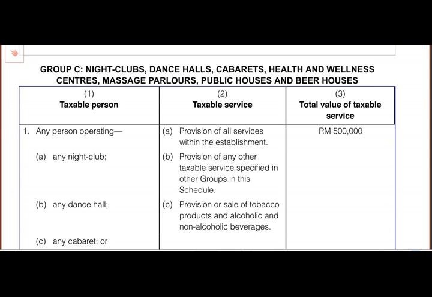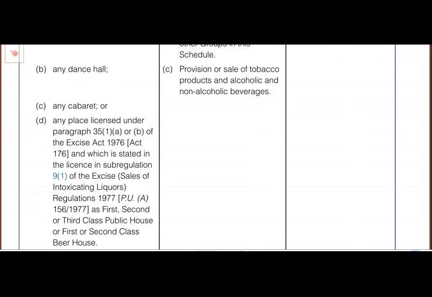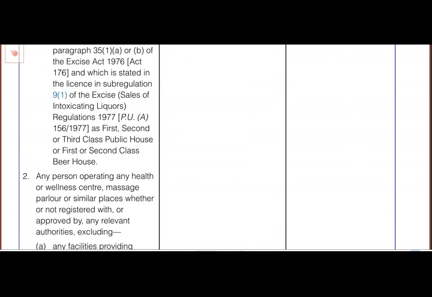Now, and beer houses. Anyway, for all these kinds of businesses that you're doing, you have to register yourself with a threshold of 500,000, and you notice that this is a list of taxable services which include tobacco and alcohol and non-alcoholic drink. Now, I just want to highlight the part when they talk about health and wellness center.